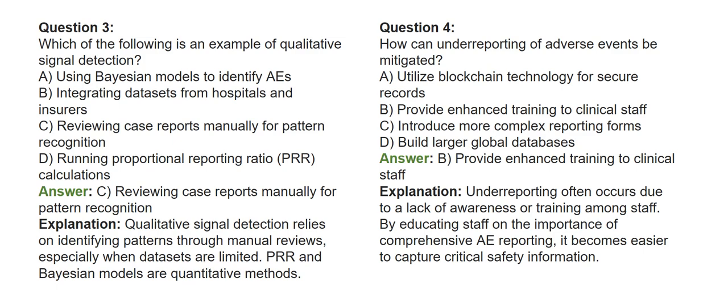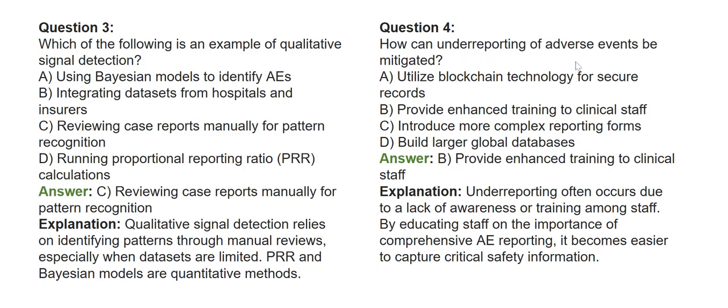Quantitative signal detection applies to large-scale trials, while qualitative signal detection applies to small trials with fewer participants. That's why C applies, reviewing case reports manually, because you have few participants for pattern recognition. Qualitative signal detection relies on identifying patterns through manual reviews, especially when datasets are limited, while PRR and Bayesian models are quantitative methods.